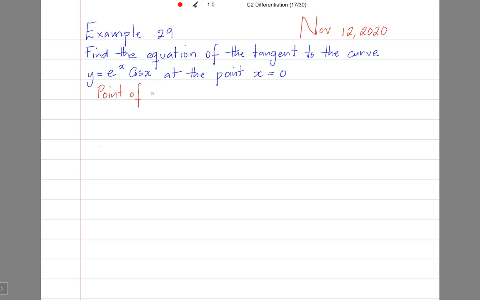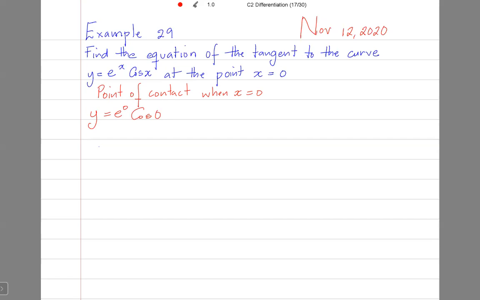Point of contact. Now this is where the tangent touches the curve. I have the x coordinate already, so I need to find the y coordinate. When x is equal to 0, y would be e to the 0, the cosine of 0.